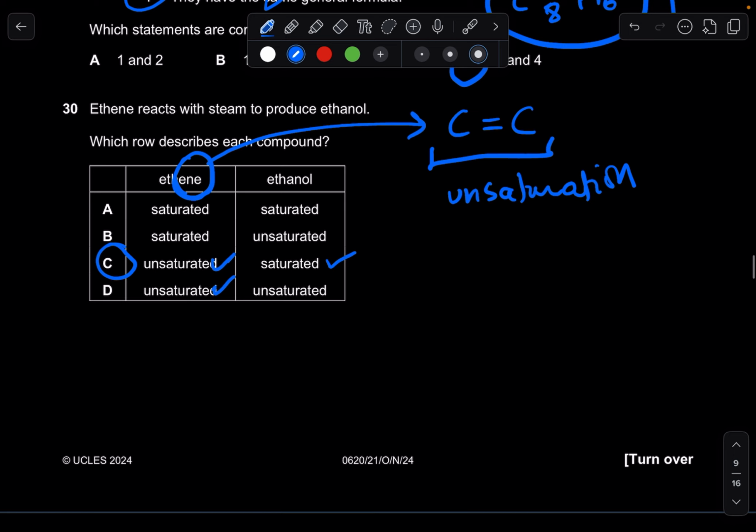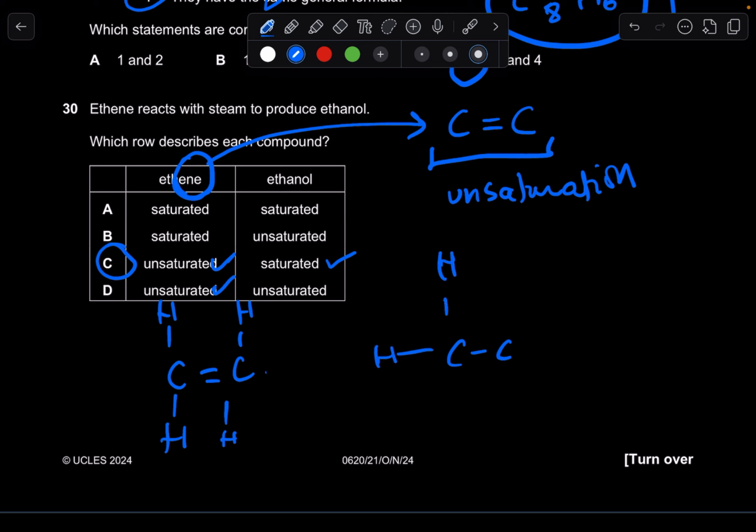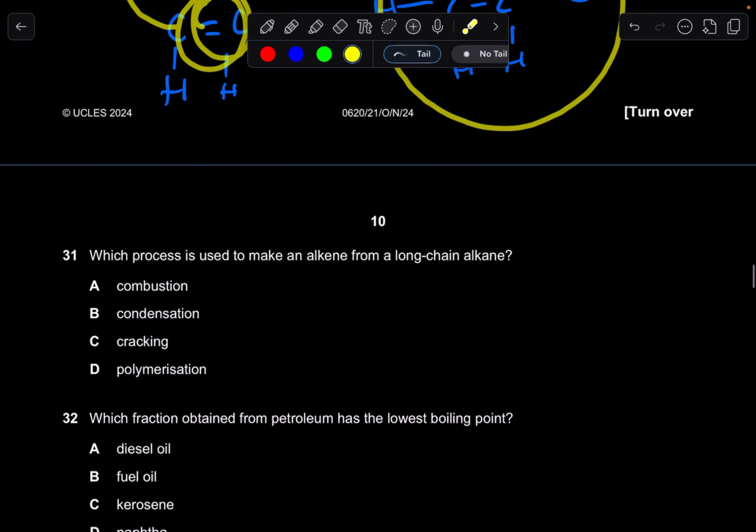Ethene is C2H4, let me draw the hydrogens here, that's going to be easier. And this is your ethanol structure. So there is no carbon-carbon double bond over here, but over here this double bond basically means it's unsaturated.